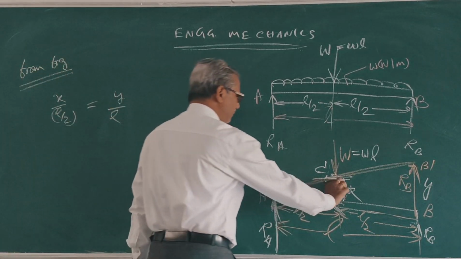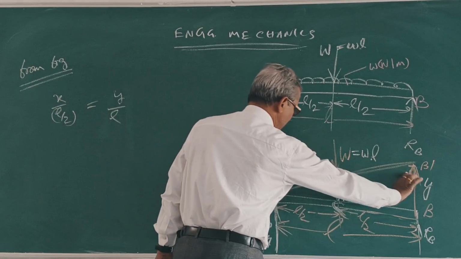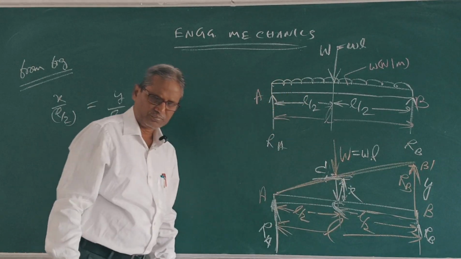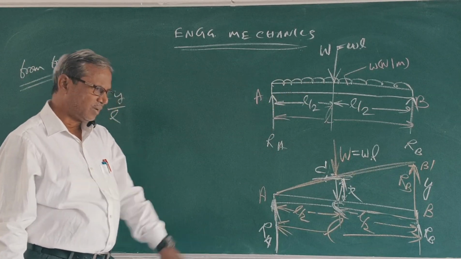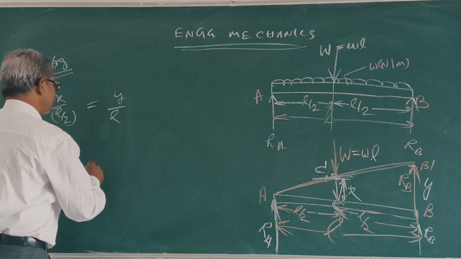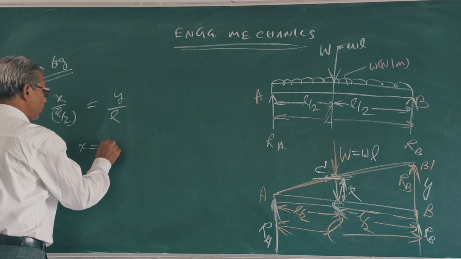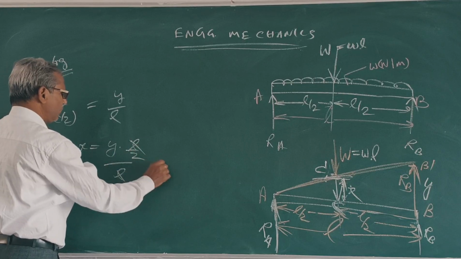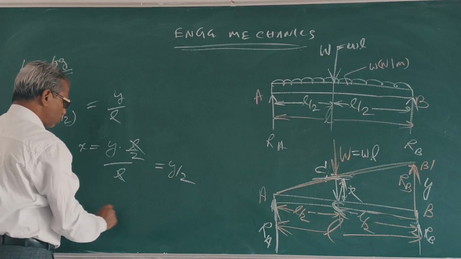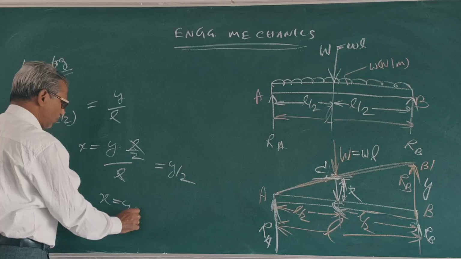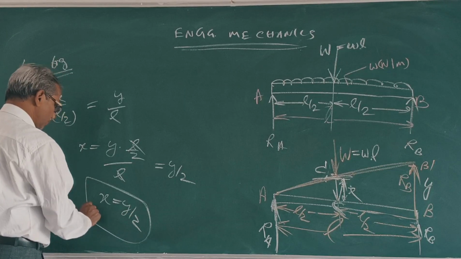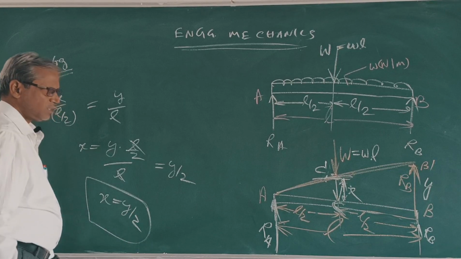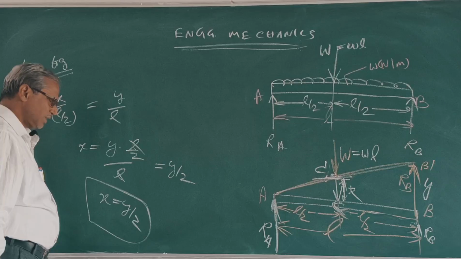This length by this length is equal to this by total length. Now, what is x equal to? y into L by 2 by L, y by 2. So x is equal to y by 2. This is x in terms of y.